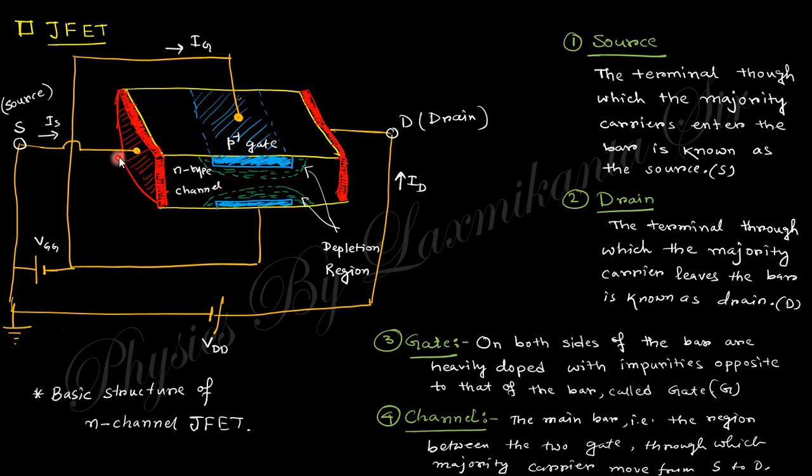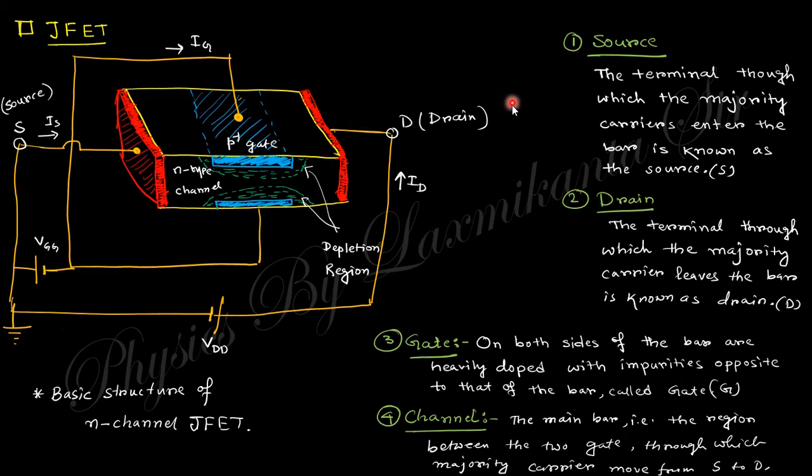Okay, now if we apply this voltage, you can see current flows from that region to that region and electrons flow through from that one to that one. This is the n type channel. Since this is an n type channel, the majority carrier is electron, and electrons flow from that region to that region. So this is like a source of electrons and this is the drain of electrons.